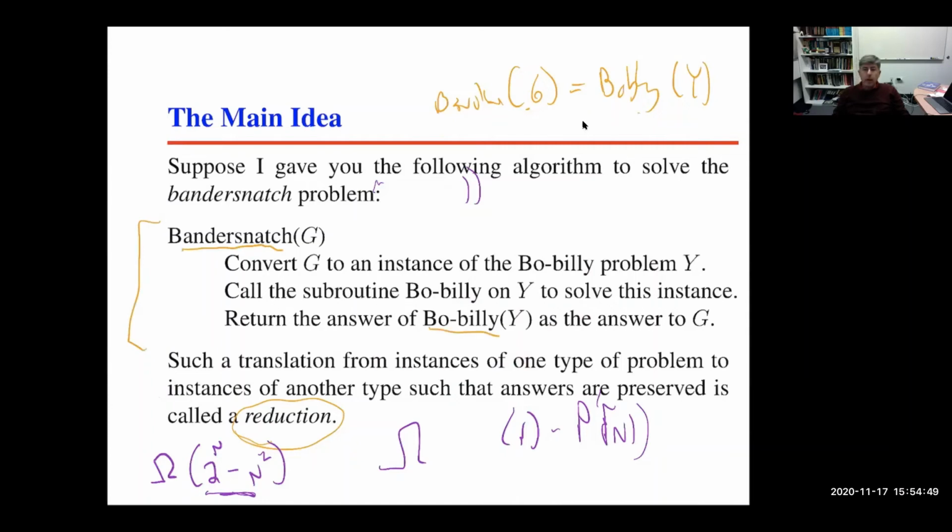Mobility is an algorithm problem. You see, I've got this translation. What is the consequence if we limit Bandersnatch and mobility to true-false problems as opposed to general things?